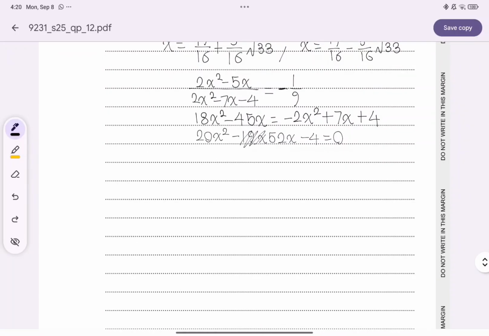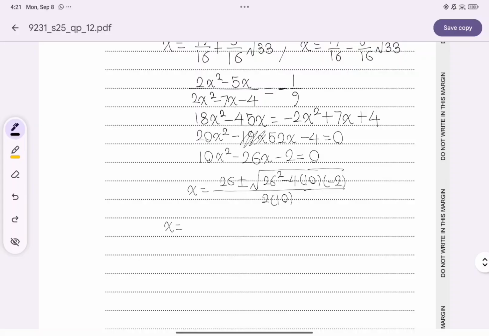Now let's divide everything by 2, so 10x squared minus 26x minus 2 equals 0. So x equals minus b, that's 26, plus or minus the square root of 26 squared minus 4 times 10 times minus 2, over 2 times 10.